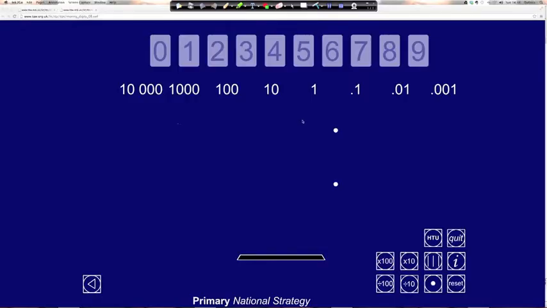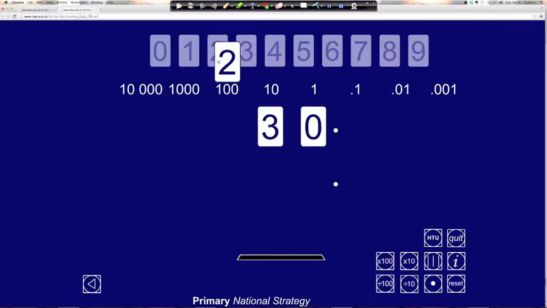Just for another example, if I choose the number, let's stick with what we've had before, 32. My 3 is in the tens column, my 2 is in my units column. If I was to multiply that by 10, you'll see that the digits move to the left.